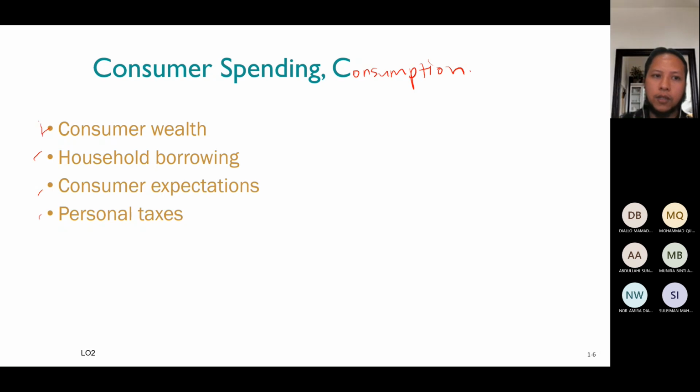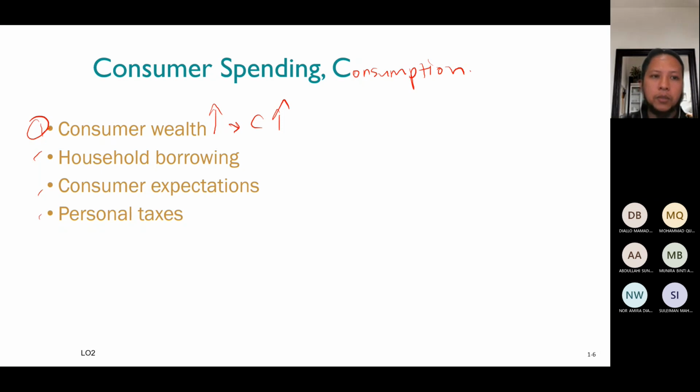Factor number 1 is consumer wealth. The wealthier people are, or the wealthier people feel, the more they will consume. And vice versa. If consumer wealth goes down, consumption will also go down.